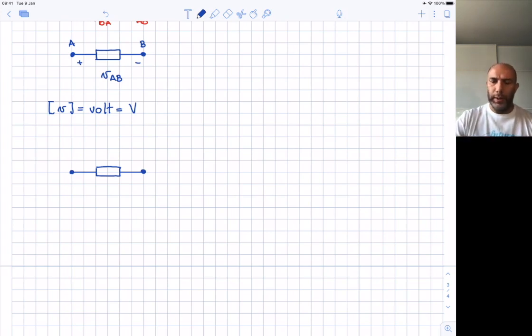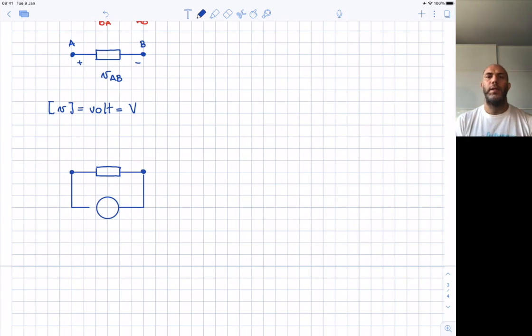So the instrument to measure this voltage is represented again by a circle, must sense the two potentials, so needs to have two probes that sense the two potentials.